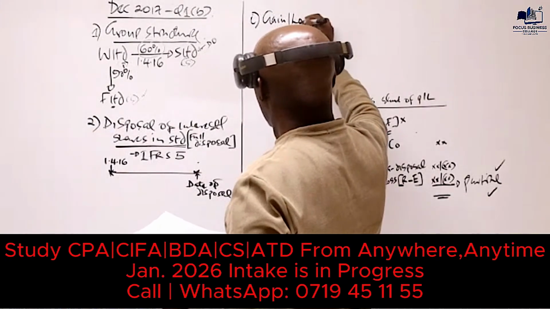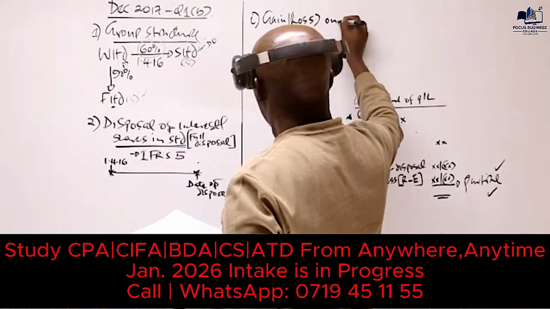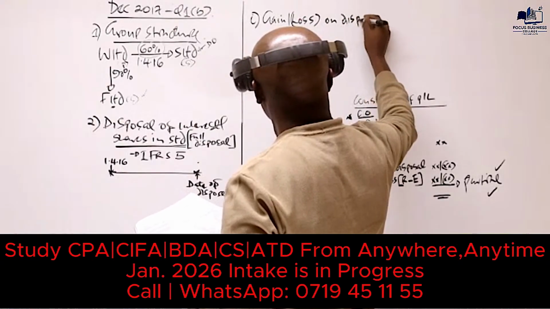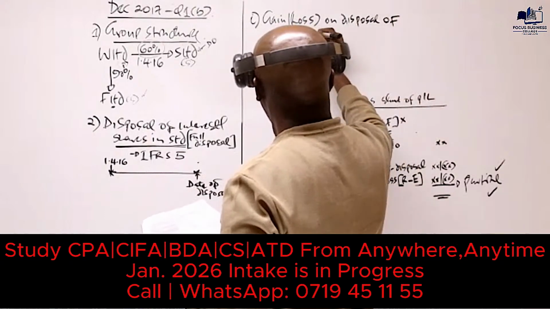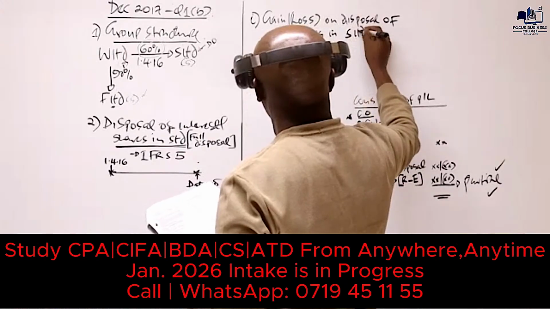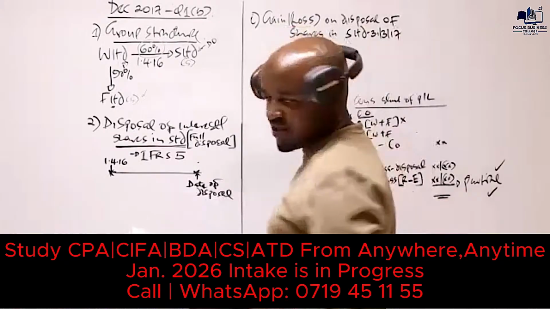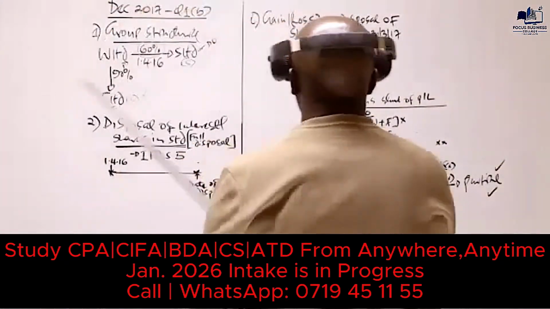So we compute the gain or the loss on disposal of our shares in S Limited on 31st of March 2017. We just need to recall how we compute this.